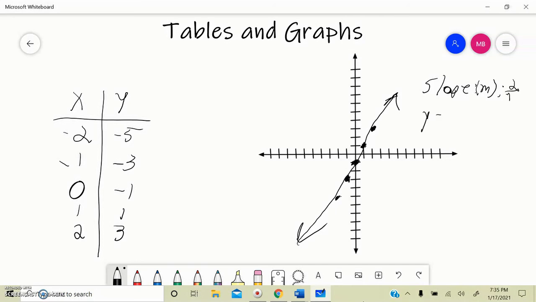Then I can see my y-intercept, which is my b, is at 0, negative 1, because that's where it crosses the y-intercept. So I'm going to write y is equal to 2x minus 1. So I was able to go from a table to graph it, and then look at the graph and determine what my slope and y-intercept are going to be able to write it in slope-intercept form.